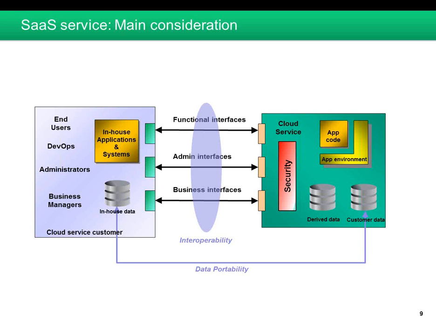As I mentioned earlier, there are very few standard APIs for SaaS applications, so switching from one SaaS app to another typically requires existing customer applications that are invoking these interfaces to be rewritten to use the new APIs.